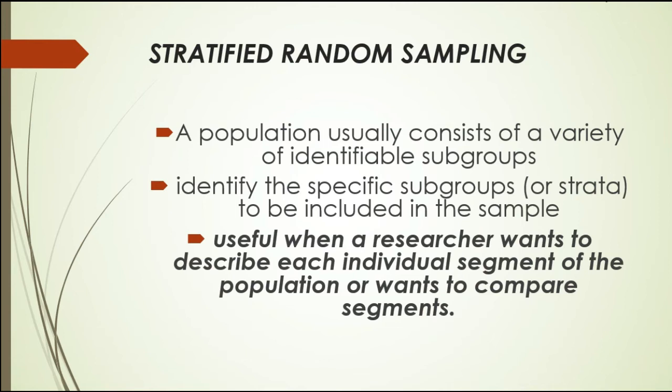Okay? The advantage of this is that it guarantees that each of the different subgroups will be well represented with a relatively large group of individuals in the sample. However, it has a weakness. It guarantees that each subgroup will have adequate representation, but the overall sample is usually not representative of the population.